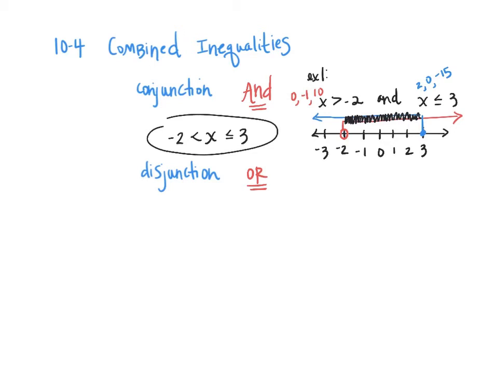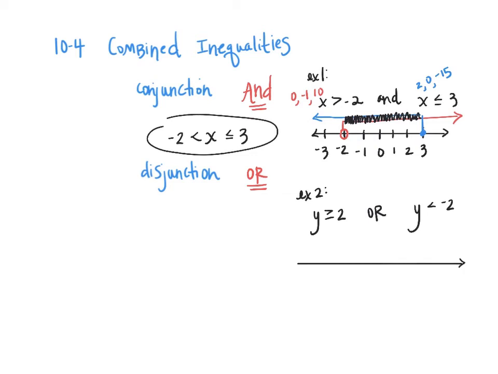Okay, now let's look at something that is a disjunction. Let's say, for instance, y is greater than or equal to 2, or y is less than -2. So let's see what that looks like. I'm going to go ahead and start my solutions.